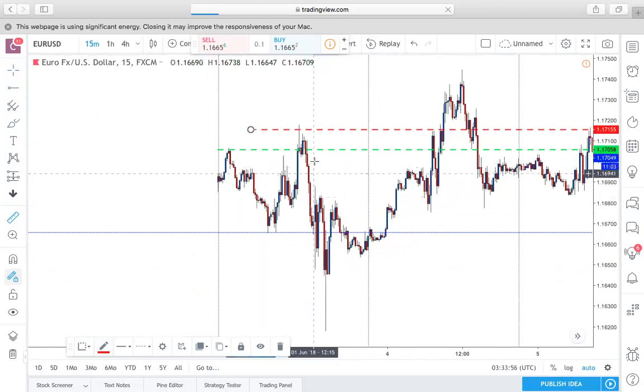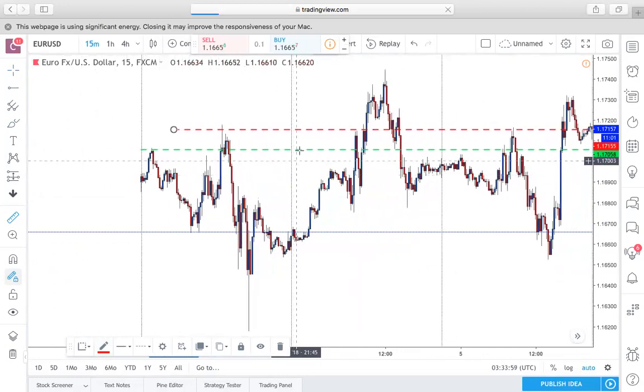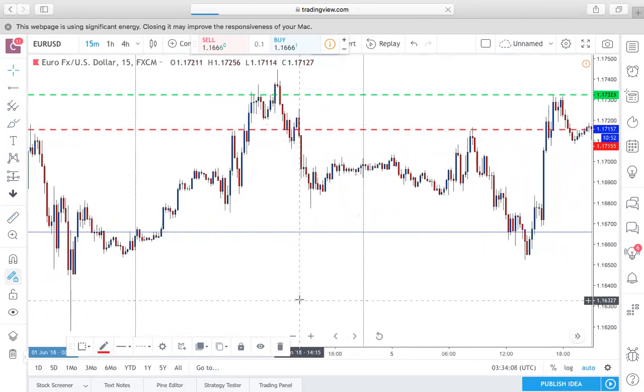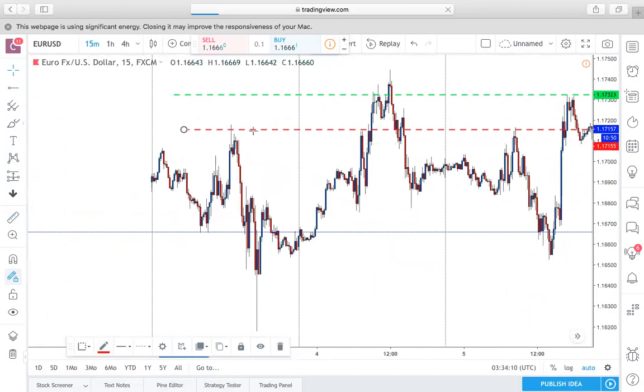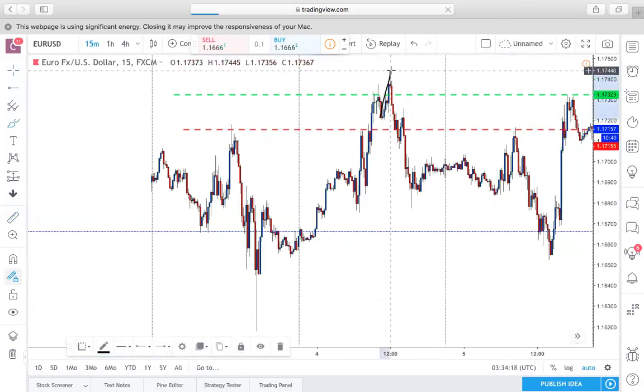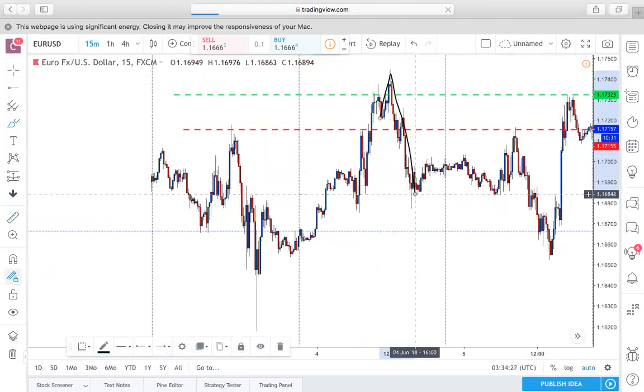So this is another piece of information we got right here, if you see it right up here. Because what would have happened, we would have seen this first leg right there, and then it shot up, inducing retail traders to keep buying, and then it reversed.